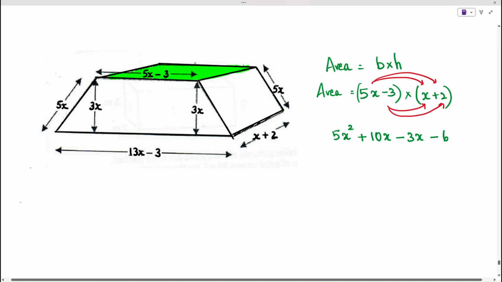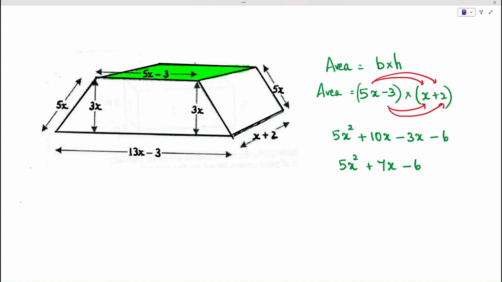Now if we simplify it, we get 5x squared plus 7x minus 6. This is the area of the top side of our prism, and we're going to label this area as B.